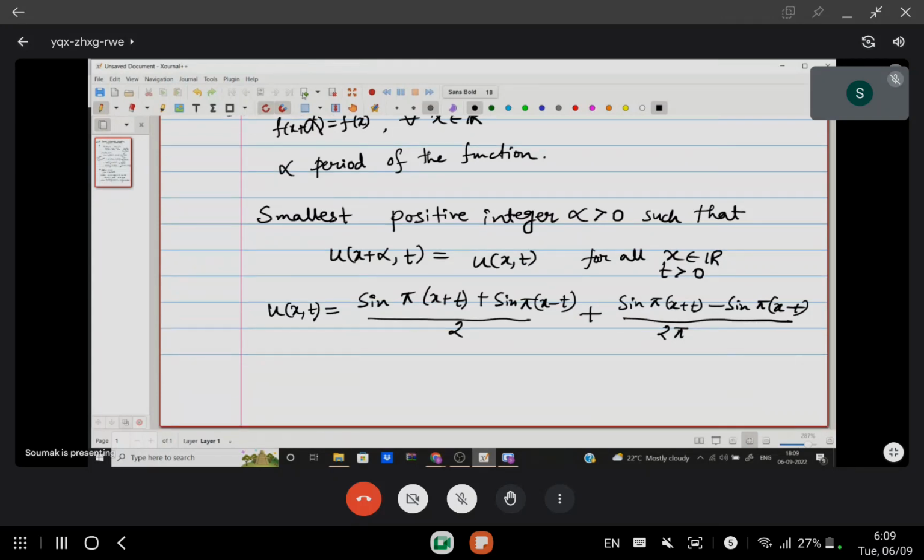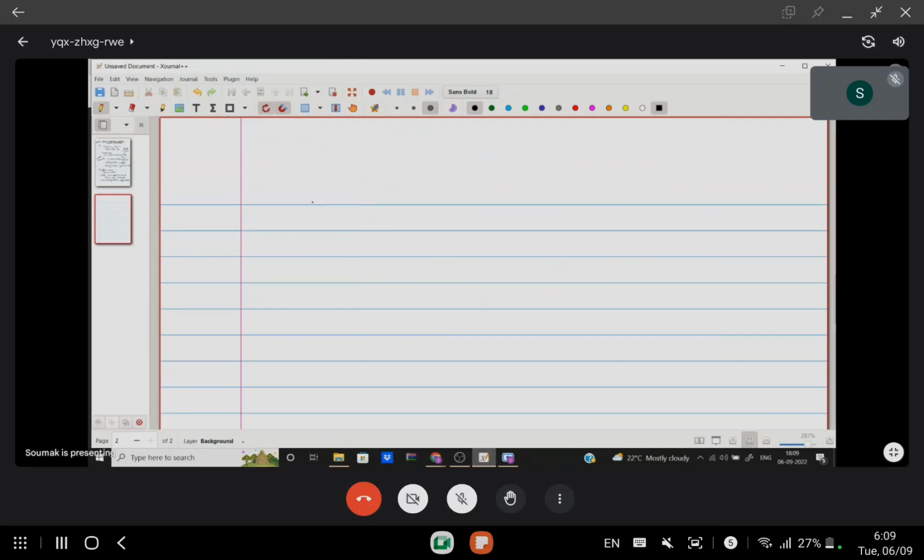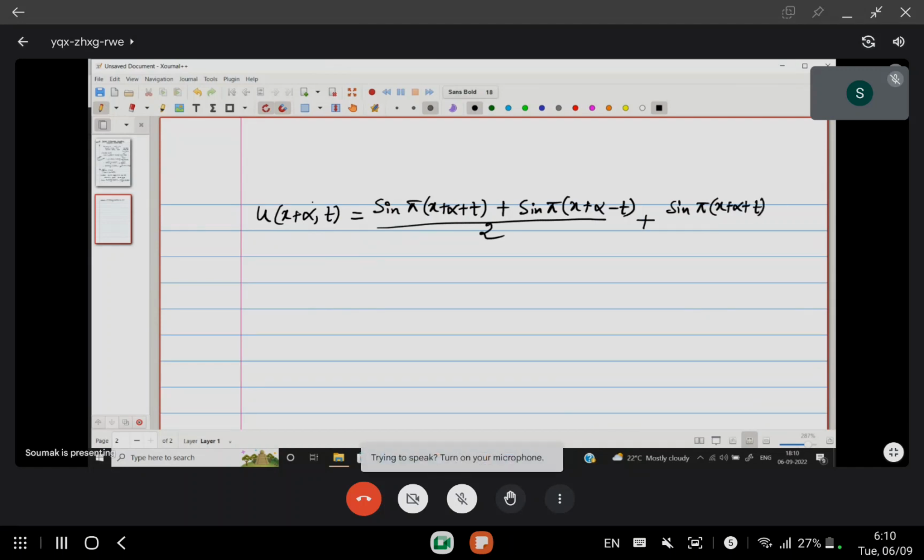So I will write what is u of x plus alpha comma t. I just replace x by x plus alpha in my previous u, that is sine pi (x plus alpha plus t) plus sine pi (x plus alpha minus t), divided by 2, plus sine pi (x plus alpha plus t) again minus sine pi (x plus alpha minus t), divided by 2 pi.